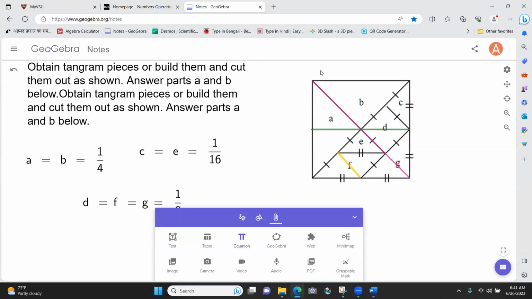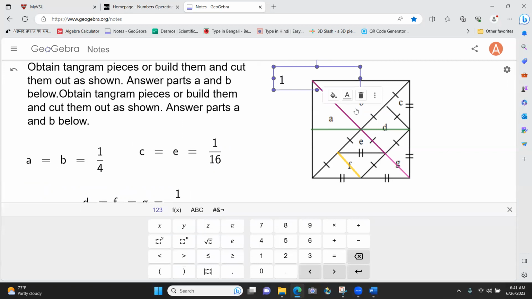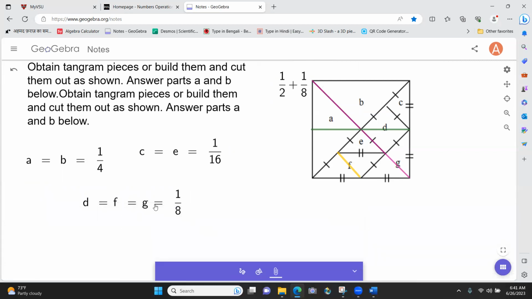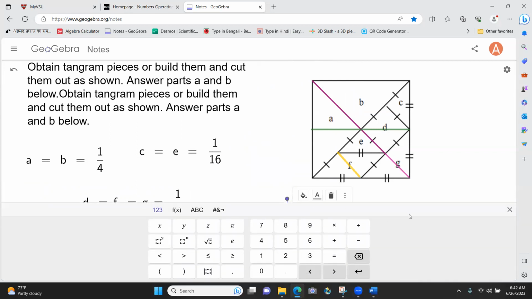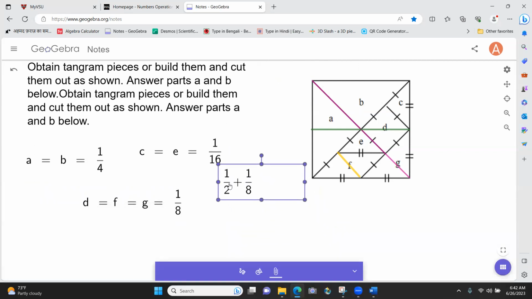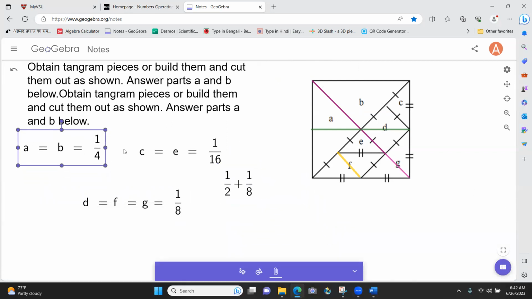Okay, half. And your 1/16, you have C and E, you have two of them. If you add them together, you're going to get 1/8. And here you have three of them, you're going to get 3/8. I'll do it here, then I'm going to move it around, okay? I need the ruler.